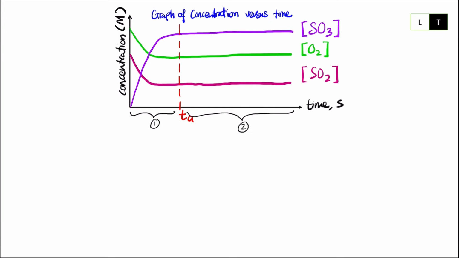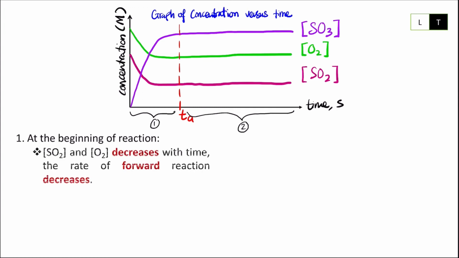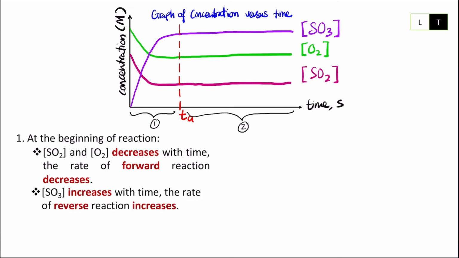So, for the first part, it is what we call as at the beginning of reaction, concentration SO2 and O2 decreases with time. So, the rate of forward reaction also decreases. However, concentration for SO3, our product, increases with time. So, the rate of reverse reaction increases.